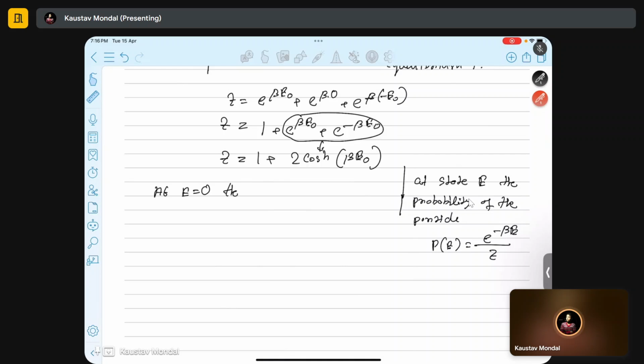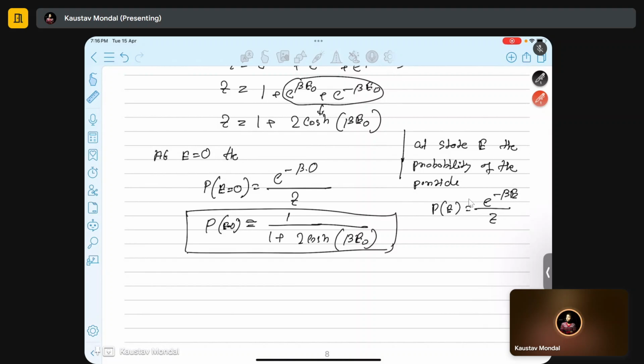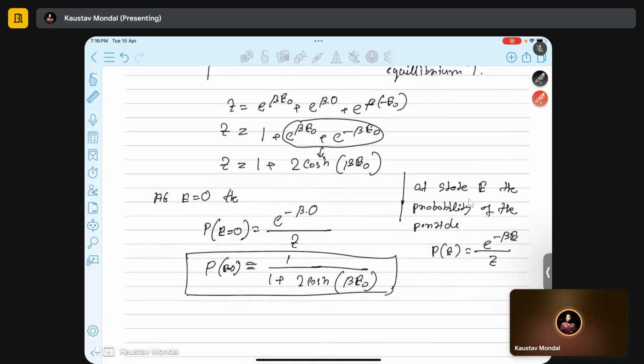This is simply the probability given that the system is in thermal equilibrium. So for E equal to 0, using this formula, you can write the probability would be simply e to the power beta into 0 by Z. This gives us 1 by 1 plus 2 cos hyperbolic beta E0. This is the probability at E equal to 0.